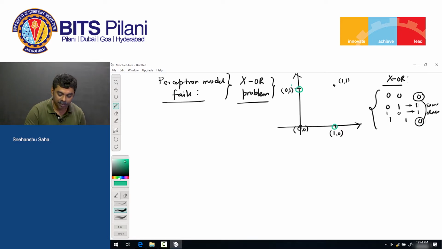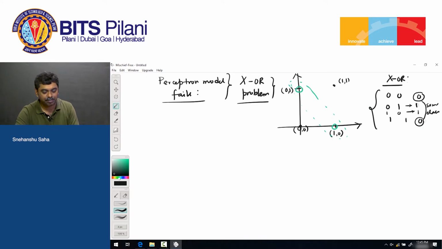You have a band which separates these 2 points from these. There is no way you can draw a line here. You'll have a 50-50, it's like a coin toss. You can try infinitely many combinations of a separating hyperplane, it is not going to work.